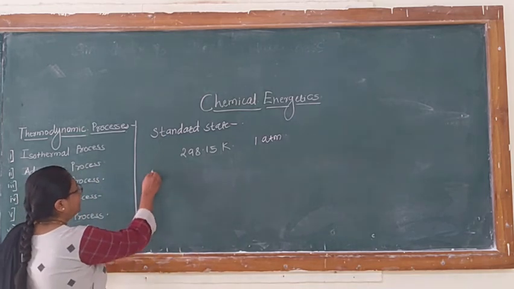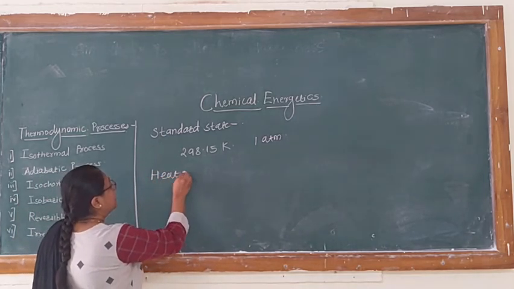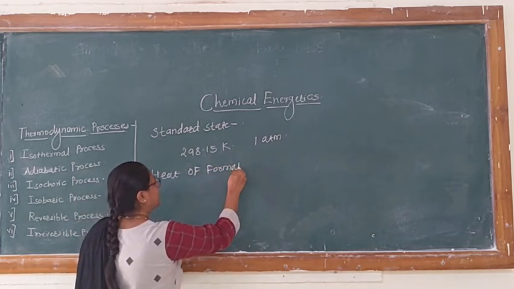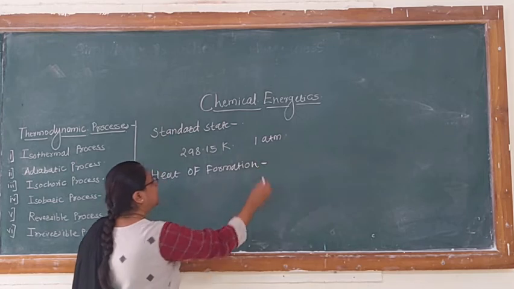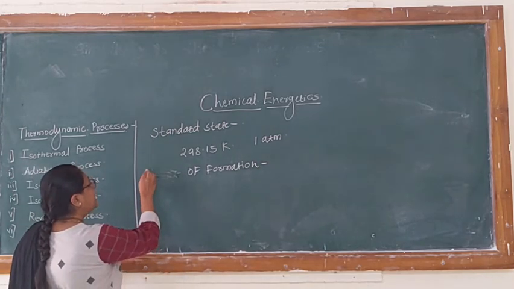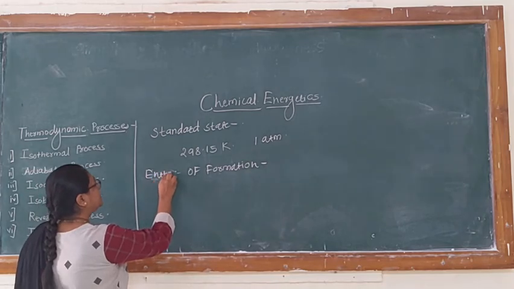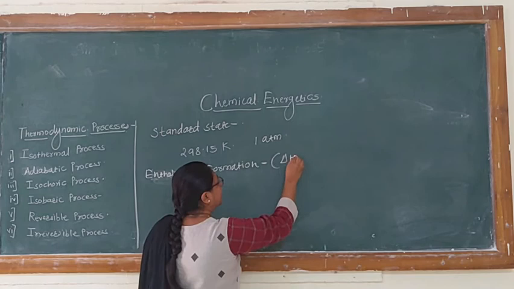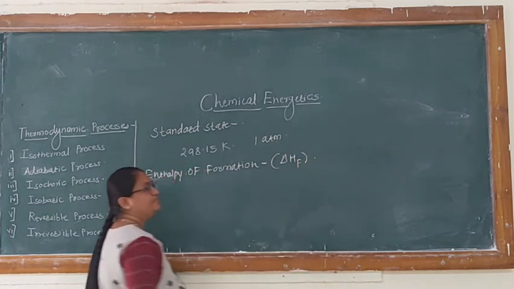Now, the next concept, heat of formation, or we can say enthalpy of formation, which is denoted by delta Hf.